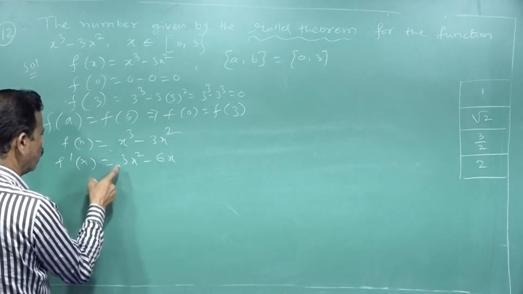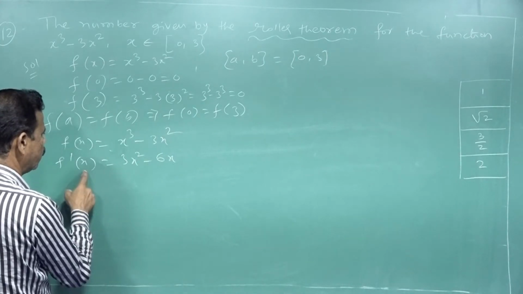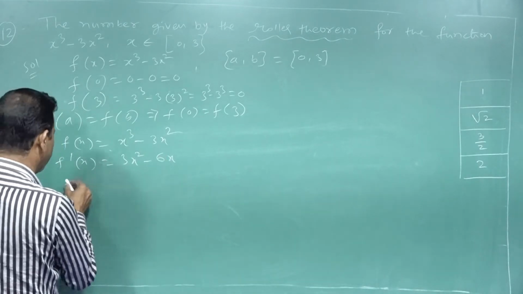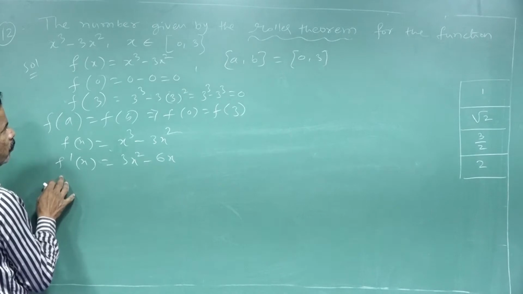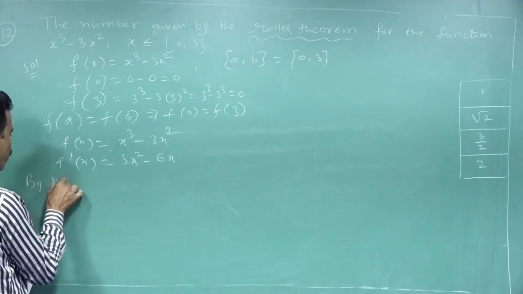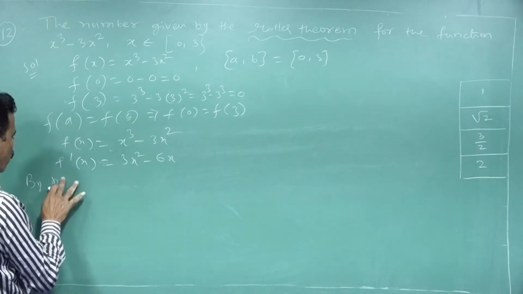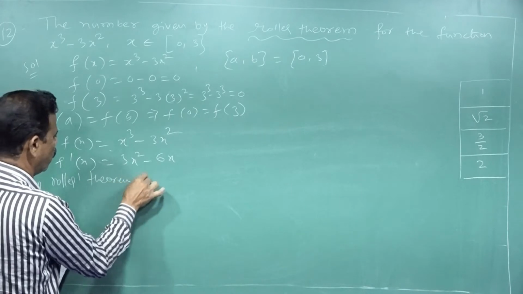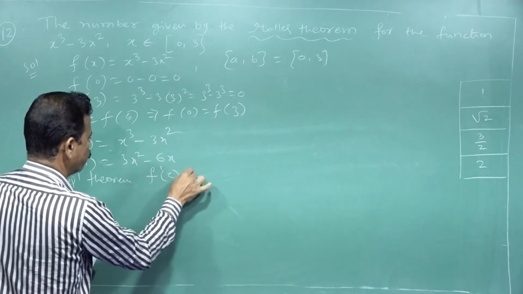So this is the differentiation of the function. Next, equating it to 0 by Rolle's theorem, f'(c) is equal to 0.